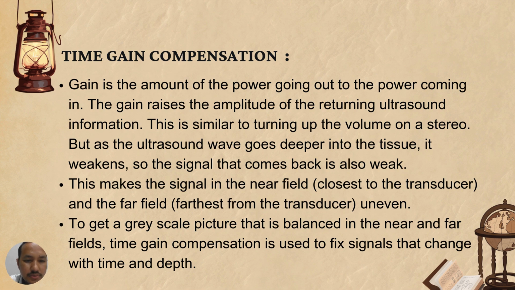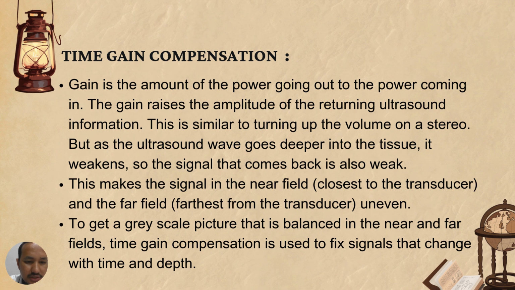This is similar to turning up the volume on a stereo, but the ultrasound wave goes deeper into the tissue. It weakens, so the signal that comes back is also weak.